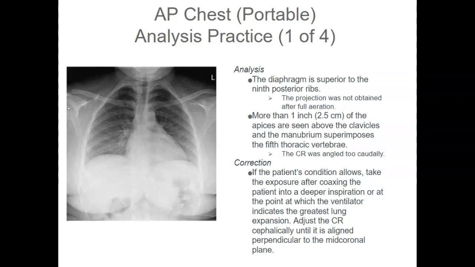Also, the diaphragms are demonstrated superior to the 9th posterior rib. Therefore, this projection was taken not on full inspiration. To correct this, we need to ensure that our central ray is aligned perpendicular to the mid-coronal plane. Also, we want to make sure we're taking that projection on the second full inspiration.